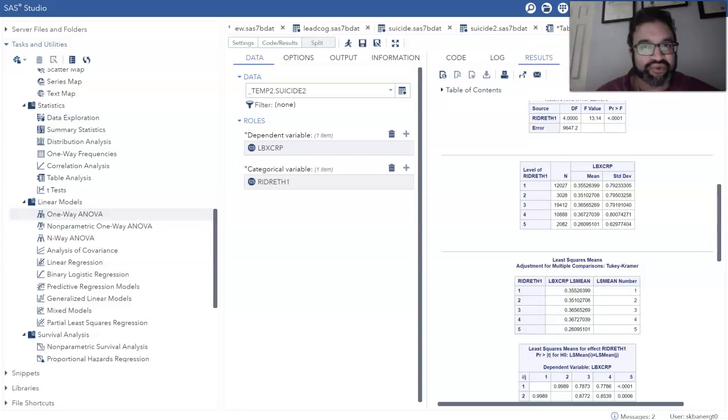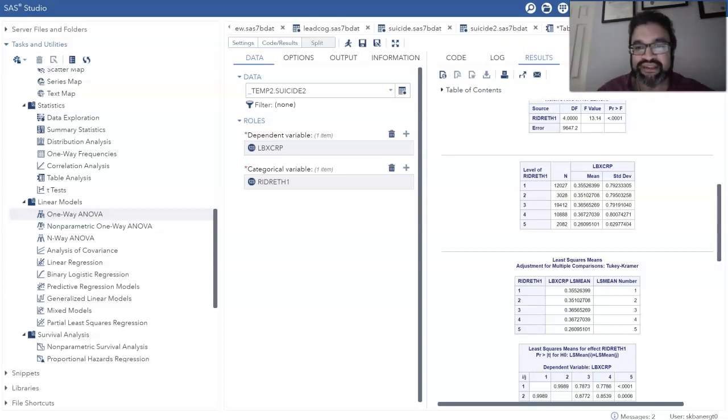You have to, of course, think about the research question. So, is there a significant relationship between C-reactive protein and ethnicity? The null hypothesis is that there is no statistically significant relationship. And then you want to run the actual one-way ANOVA statistical test, look at the F value, and look at the corresponding P value that results from the F value.